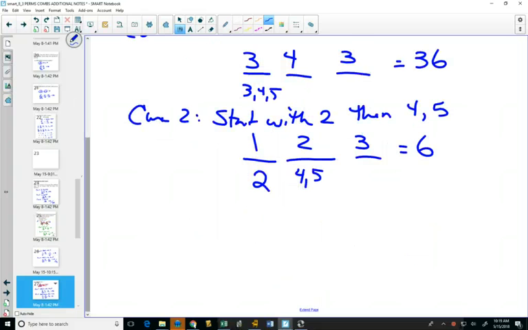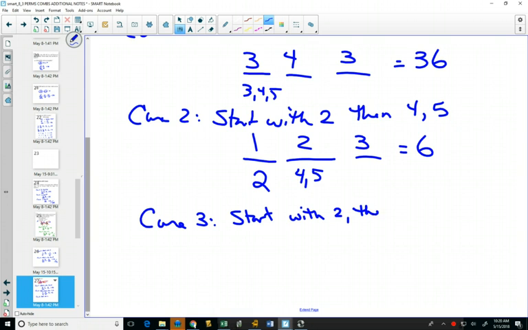And finally, case 3, what haven't we counted? We haven't counted the numbers in the 230s. Start with 2, then 3. If I start with 2 and then a 3, one choice for each of those, what are my possibilities for what's left?